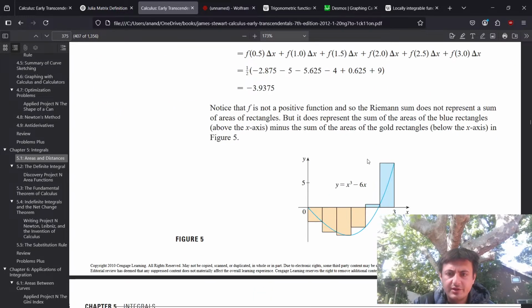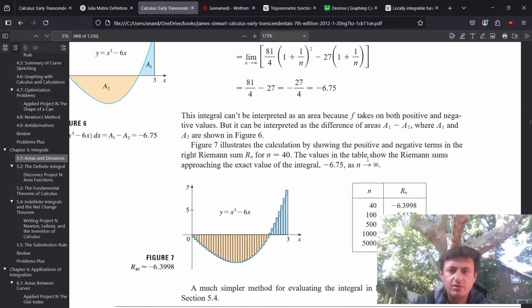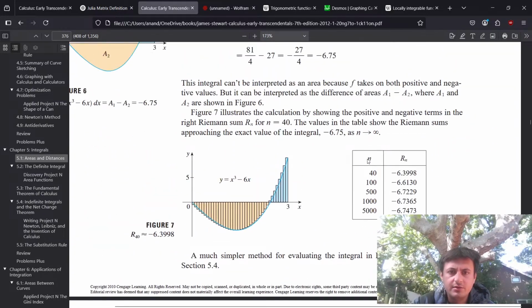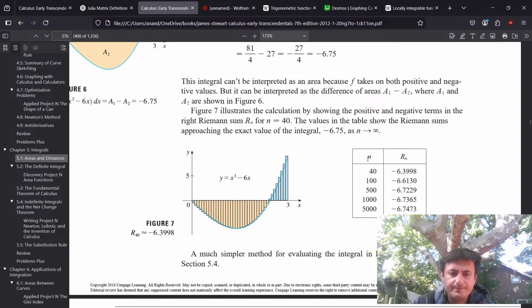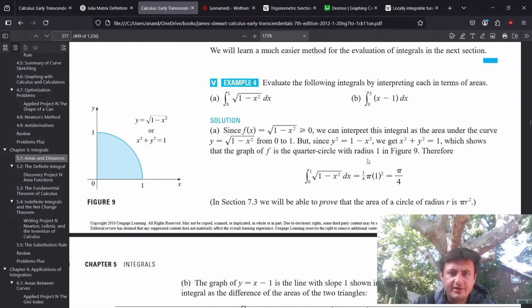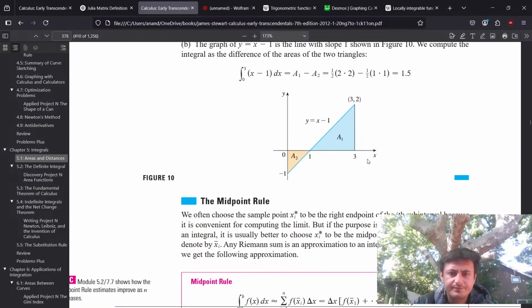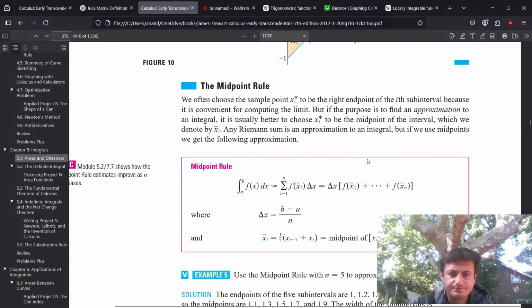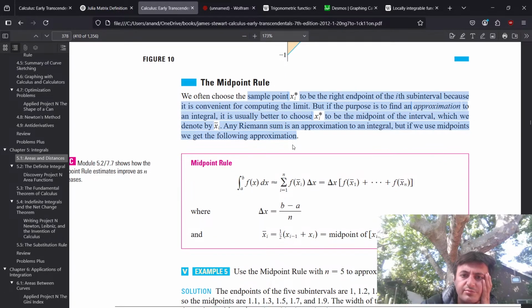Okay, so we're still all indefinite, but now let's get to the indefinite. All right, they're just saying that the midpoint is a better approximation.